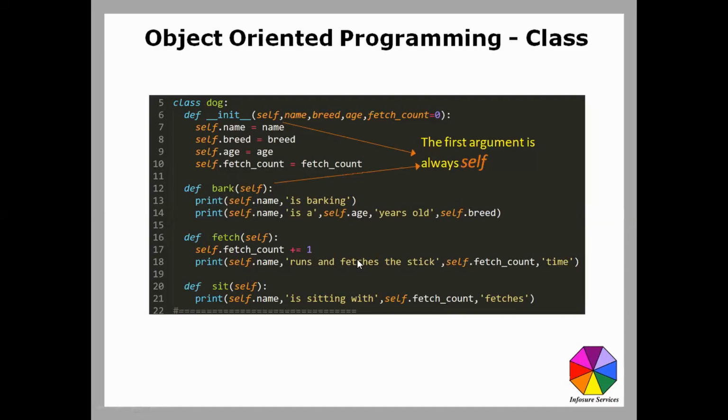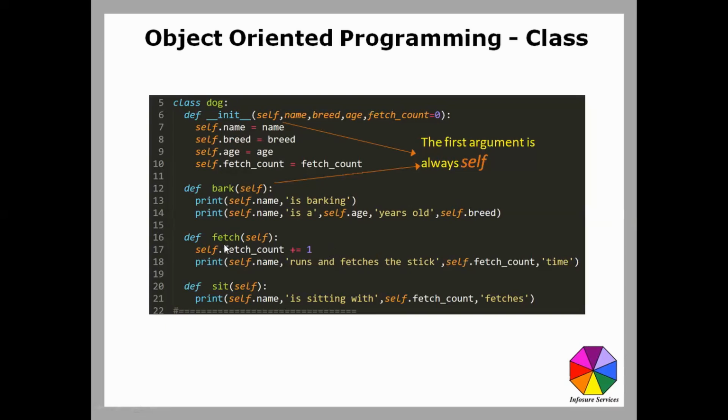So in this class, you have fetch count equal to 0. That means if that attribute is not passed, you take a default value of 0. Is that what it is? What does fetch count equal to 0 on top mean? Fetch count is equal to 0, but you are setting that with the fetch function here. So when you call fetch, it will automatically increment the value of fetch count by 1.